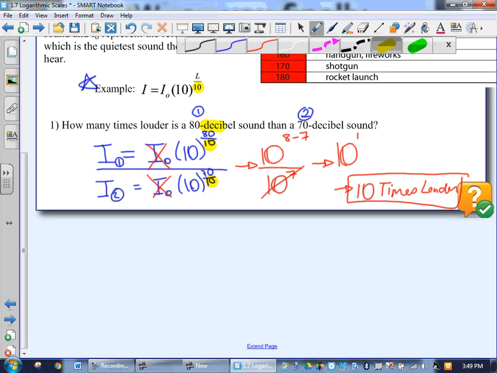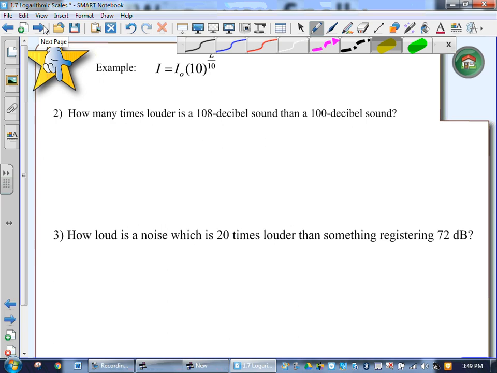So in this question it says, how many times louder is a 108 decibel sound than one that is 100? Well, if I compare the intensity of two things, I'm going to start with my shortcut formula here. The intensity is equal to 10 to the power of the louder divided by 10, all over 10 to the power of the quieter divided by 10.